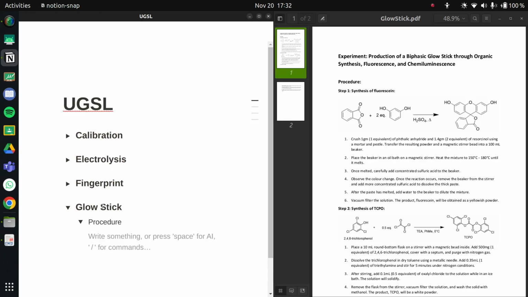So first is the synthesis of fluorescein. I'm gonna write step 1. Fluorescein. Wait, what? 1 gram phthalic anhydride, 1.4 gram resorcinol, two equivalents of. Okay. So crush 1 gram phthalic anhydride.